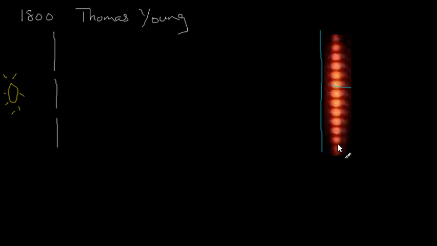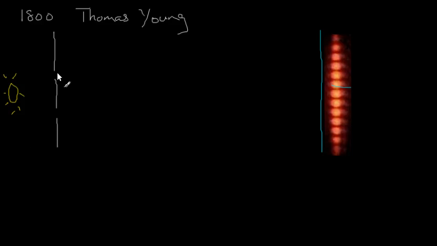So because these patterns agree with what we saw on the ripple tank, we can conclude, and that led Thomas Young to conclude, that light behaves as a wave. And for the 200 or more years after that, we have accepted this to be a fact.